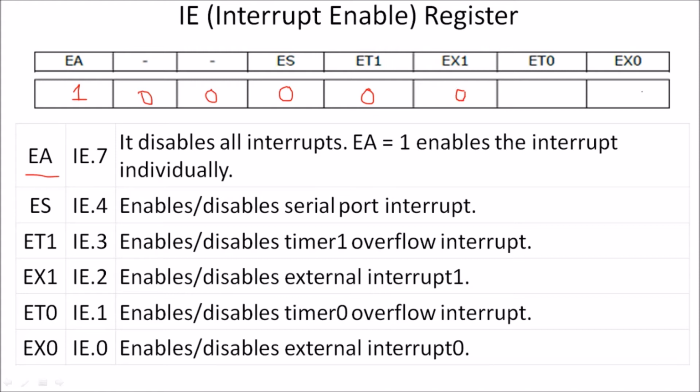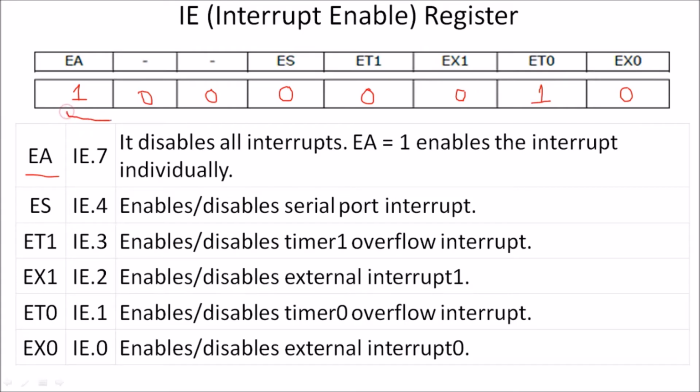The ET0 bit is used for the timer 0 overflow interrupt. We are going to see the example of timer 0 interrupt, so we'll set this bit to 1 so that timer 0 interrupt will be enabled. The next bit is for external interrupt 0. When we want to use external interrupt 0, that should be 1, otherwise it is 0.